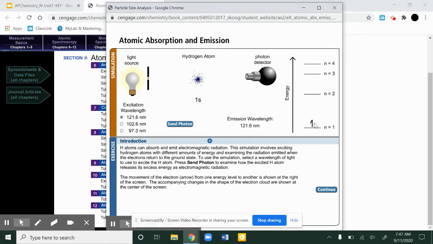The electrons that are excited then can relax back down to an energy level that's lower, and they release light in the process. So you can see in this process, I'm exciting an electron up to the second energy level.